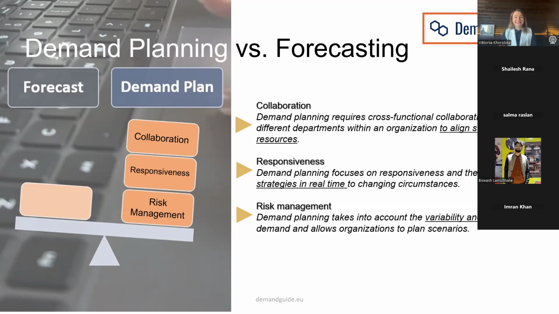And this is already a step where in demand planning we are starting to build risk scenarios through risk management. So what-if scenario number one, what-if scenario number two, and what-if scenario number three.